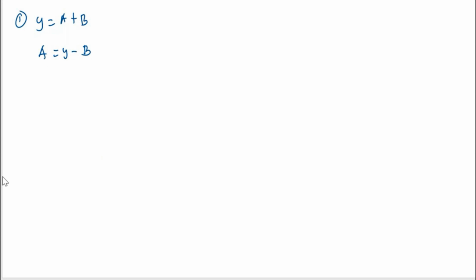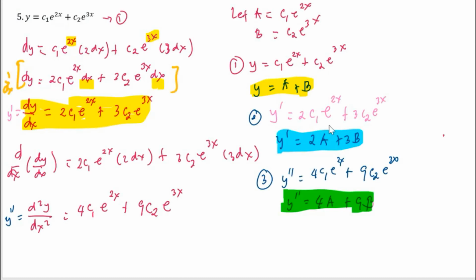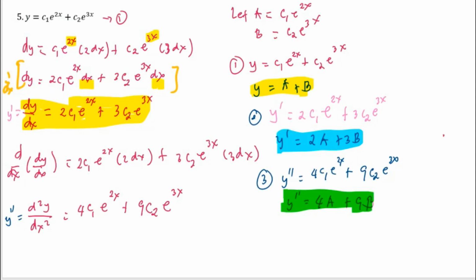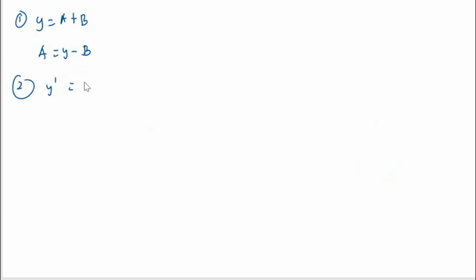Now, if I'm going to substitute in equation number 2, from equation number 2 we have y prime equals 2a plus 3b. I will write first the meaning of my y prime so that we can be properly guided. Now, I will be using the meaning of a that is coming from equation number 1.